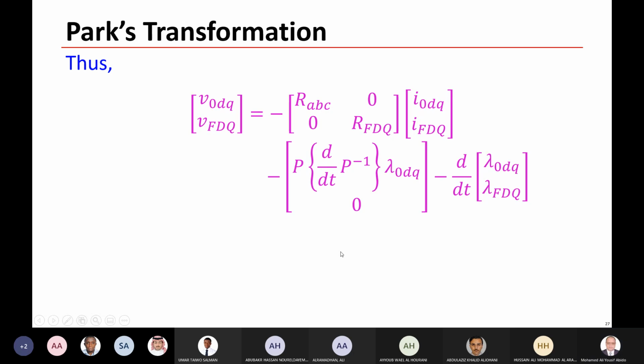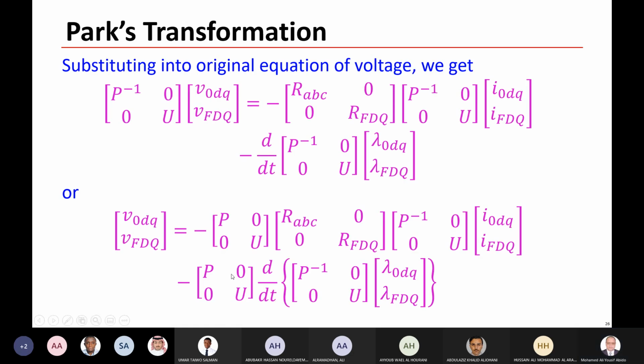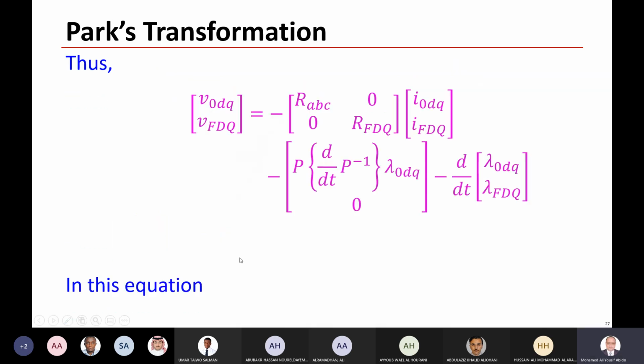here d by dt. If you multiply these two terms together, you have B d by dt B inverse here, times lambda.